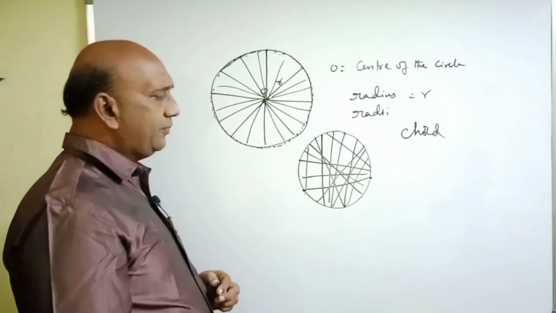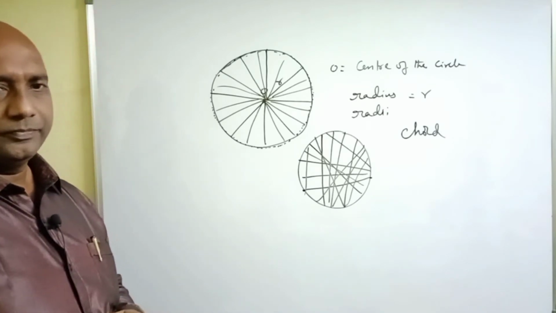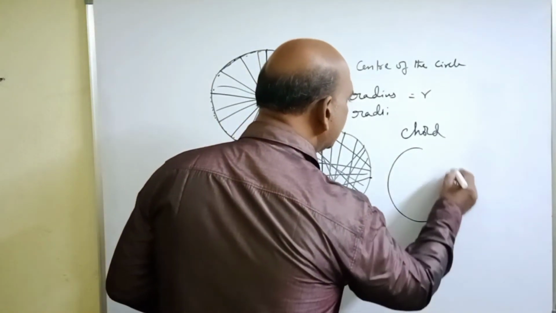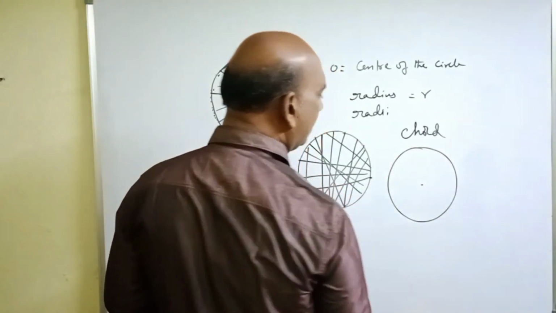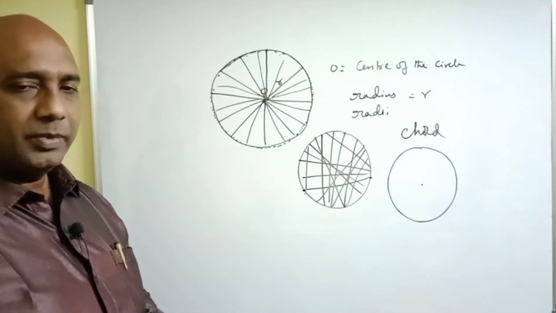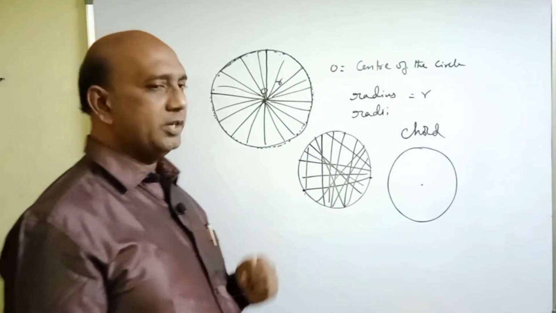If you observe carefully all these chords, some chords pass through the center of the circle. This is the center of the circle. Already I told you that the chord is the line segment formed by joining any 2 points on the circle.